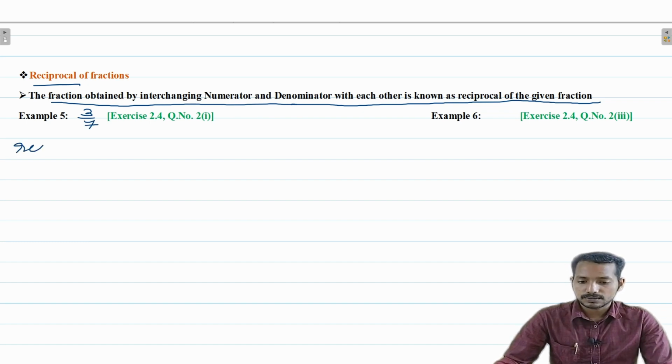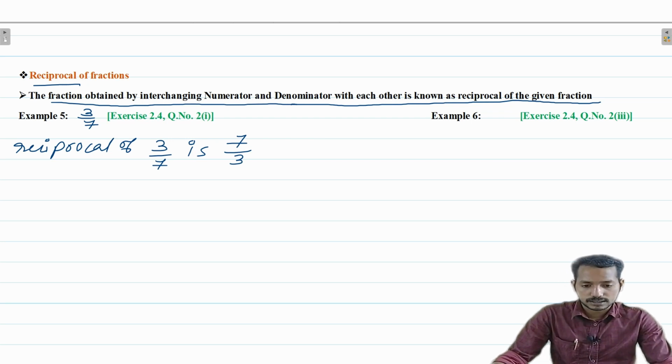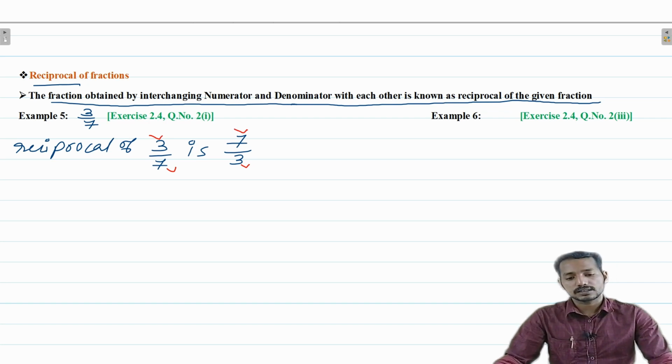So we will get a reciprocal of 3 by 7 is 7 by 3. That means just write the numerator 3 as denominator and denominator 7 as numerator. We will get the reciprocal, that is just interchange the numerator and denominator.